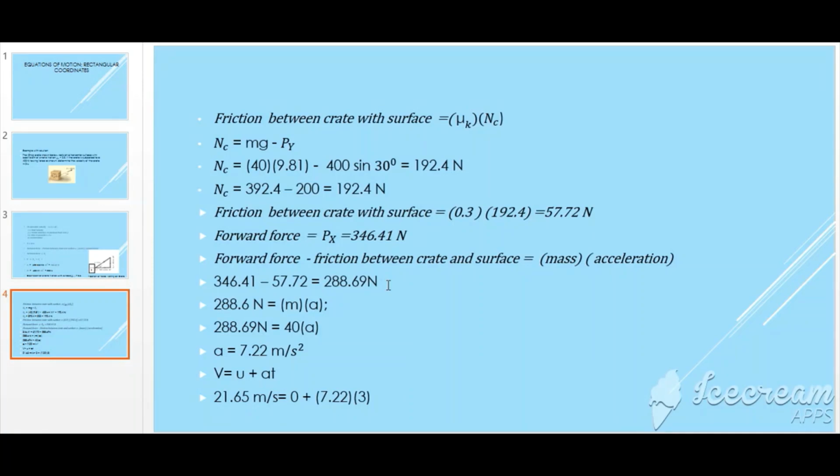Okay, now this is the actual force acting on the crate.